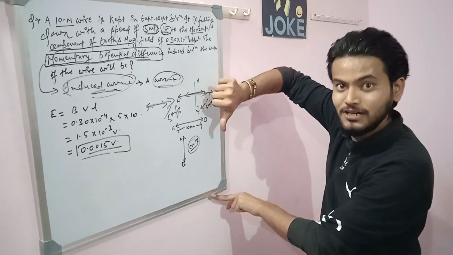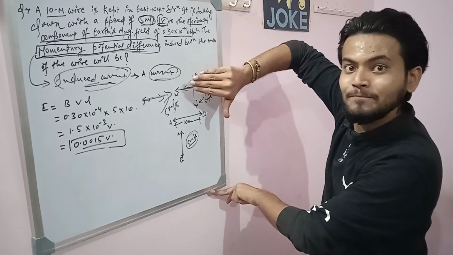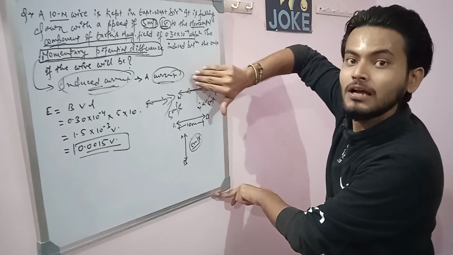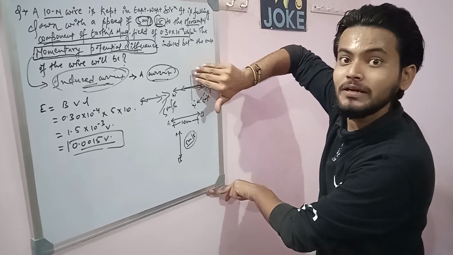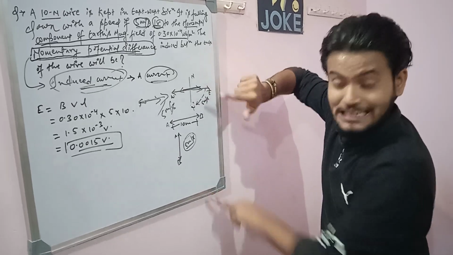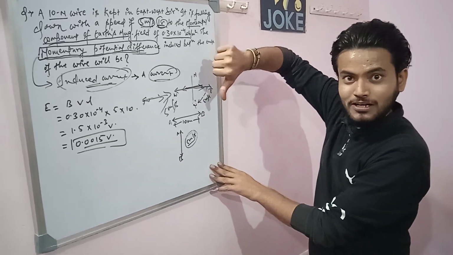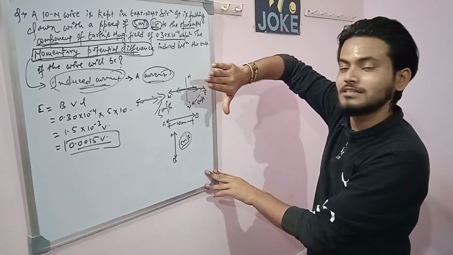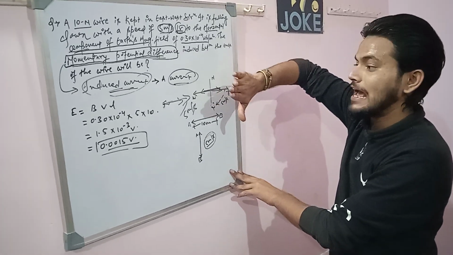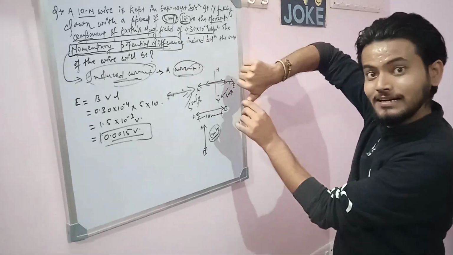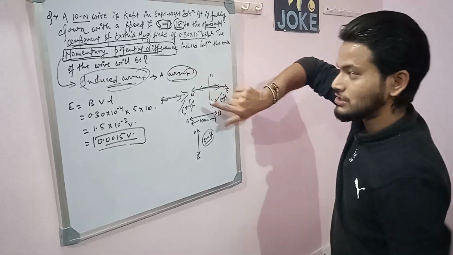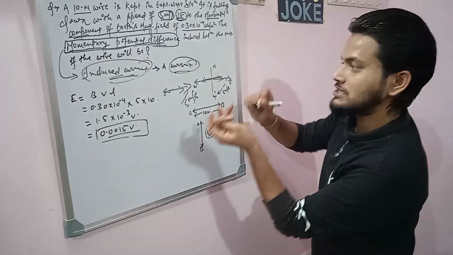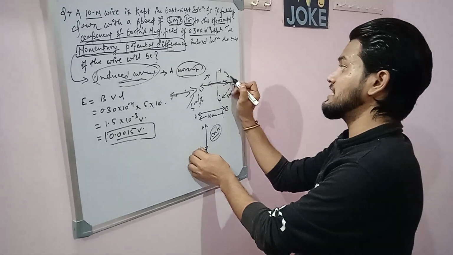What will be the direction of the wire? The direction of the wire will be from west to east. Why? Because the motion of the conductor is going down, the forefinger shows the direction and it is bending clockwise. So the direction will be from west to east.